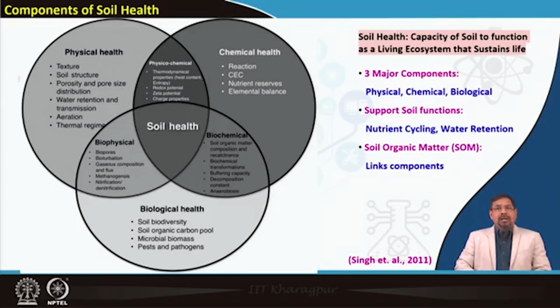Now I will read out the combined systems, particularly the biophysical, the physiochemical and the biochemical. In terms of the biophysical, we have the bioprocesses, bioturbation, the gaseous composition and fluxes, methanogenesis, and the nitrification and denitrification properties.